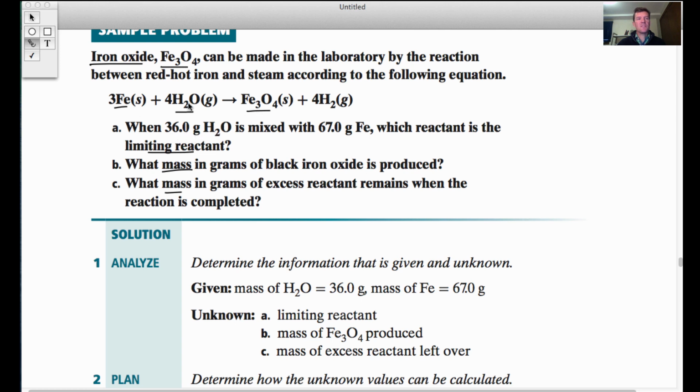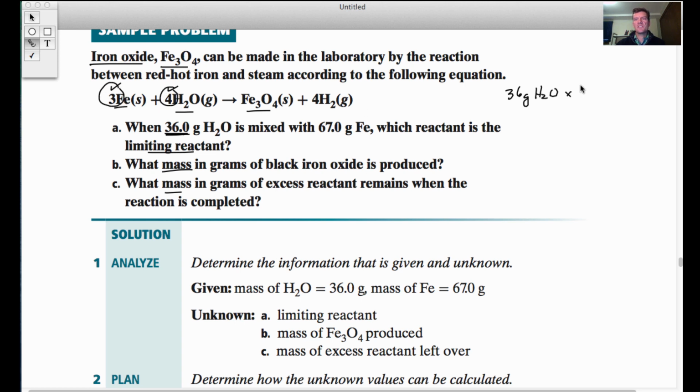36 grams of the water and 67 grams of the iron. Notice the iron and the water are in a 3 to 4 ratio, or 4 to 3, whichever way you want to say it. So let's take this water right here, 36 grams of the water. And in order for them to react in a perfect ratio, I need them to be in a ratio of 3 to 4.